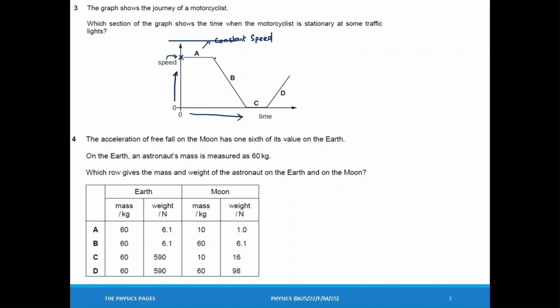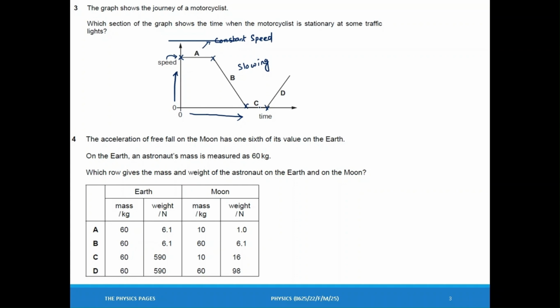And when we move from this point to this for the B section, we can see speed is reducing with time. So this is slowing down. So this one, B, is the slowing down. C: time is passing, but there is no speed because it is on the x-axis.